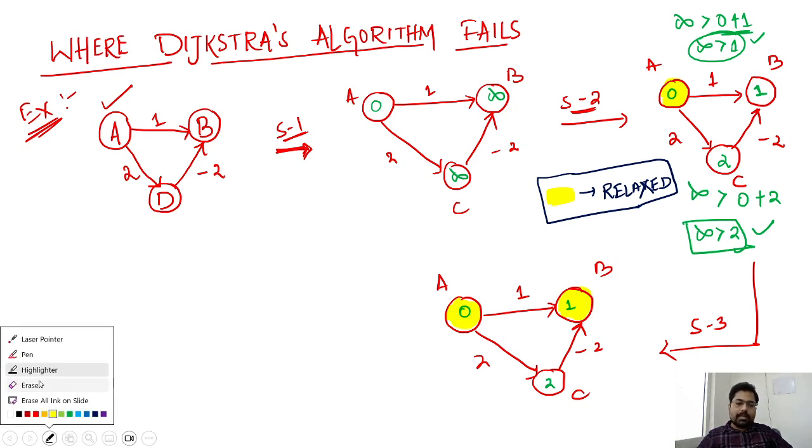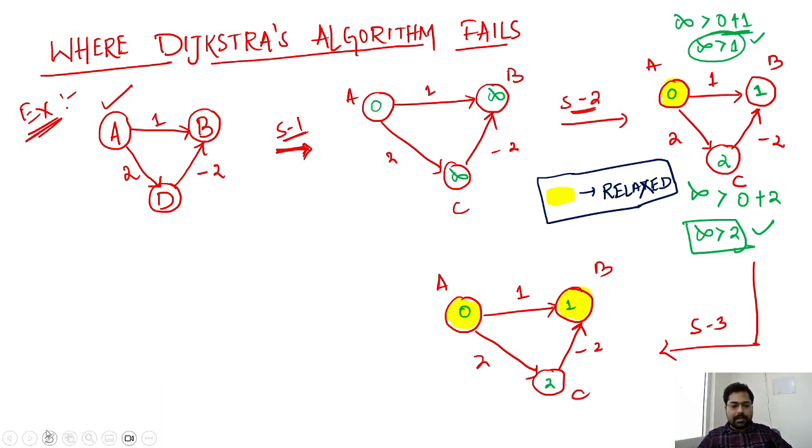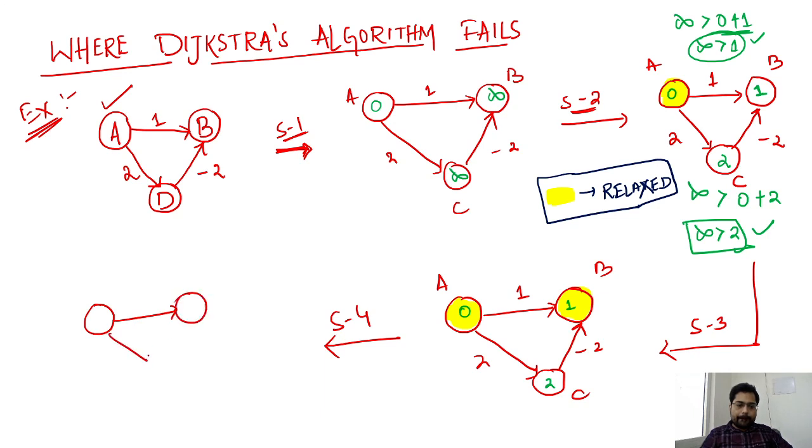This is the Dijkstra algorithm, already well defined, as in the book. Next, in step 4, we check A, B, C, with 2, 1 and minus 2. The values I'm writing are 0, 1 and 2.